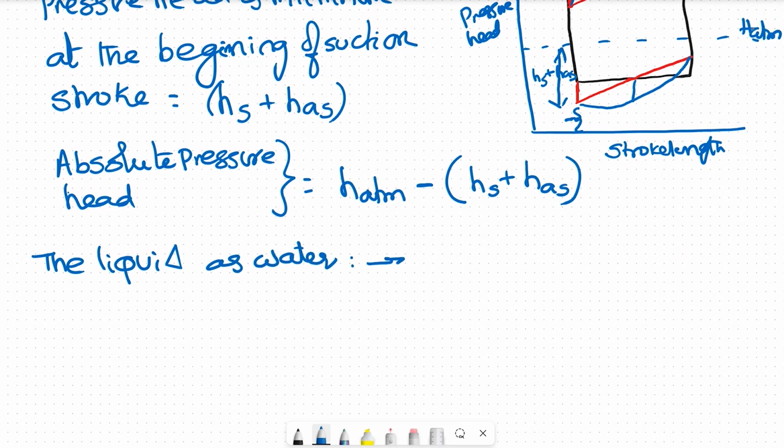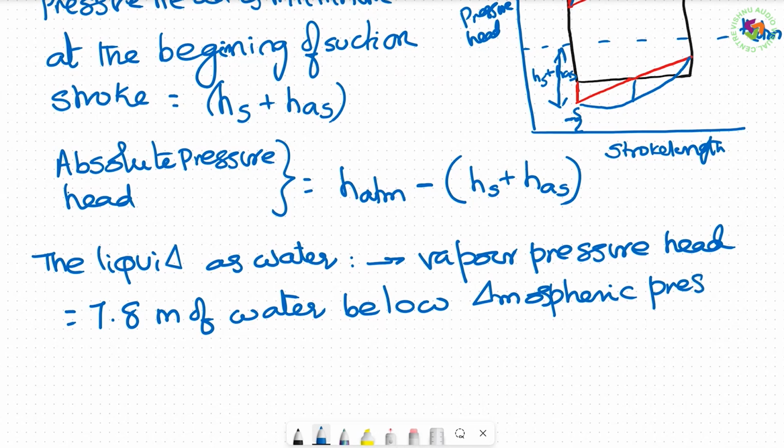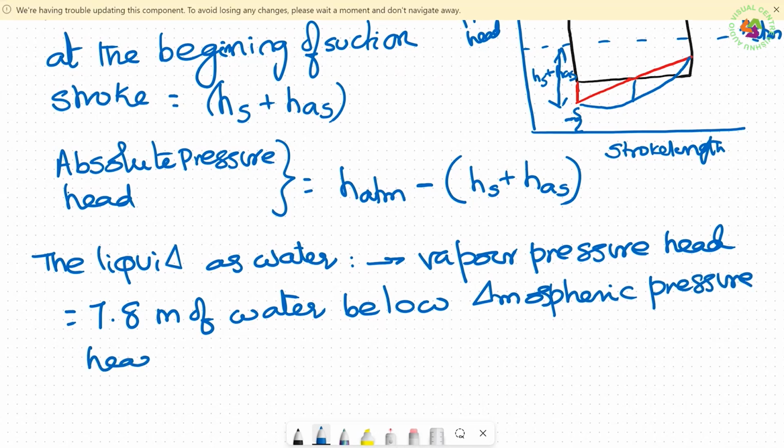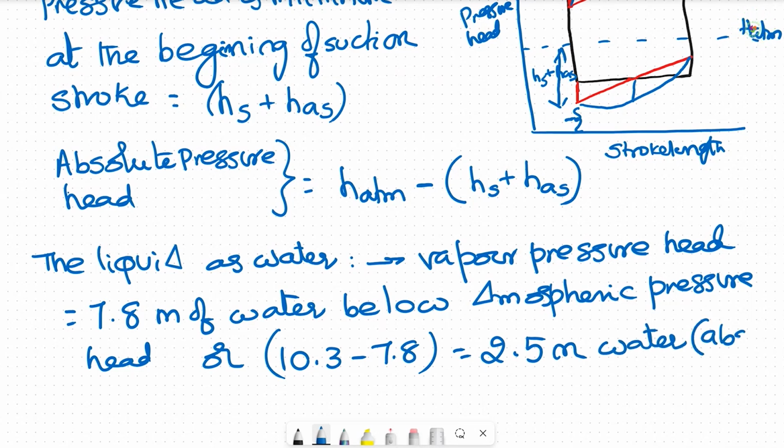For water, the vapor pressure head is equal to 7.8 meters of water below atmospheric pressure, or 10.3 minus 7.8, which is equal to 2.5 meters of water absolute.